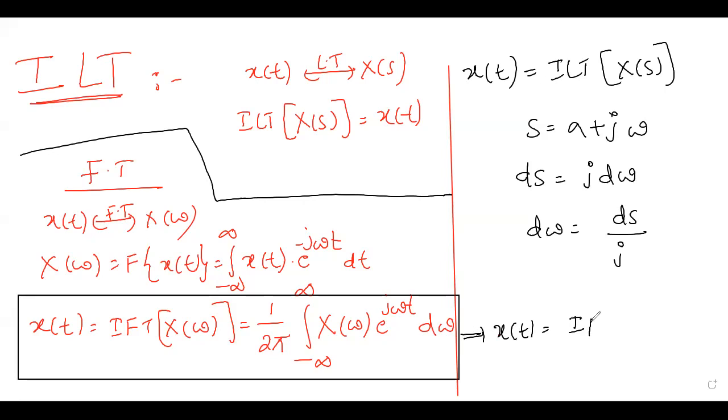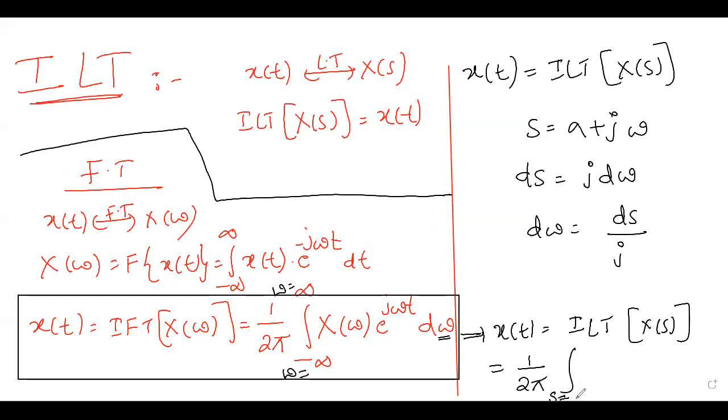The inverse Laplace transform of x of s equals 1 by 2 pi. And these infinity values are limits for the omega variable, right? Minus infinity to plus infinity. Here we want limits for s.